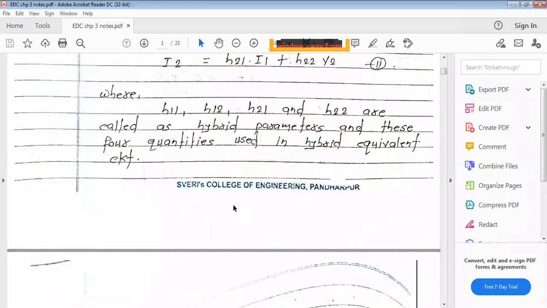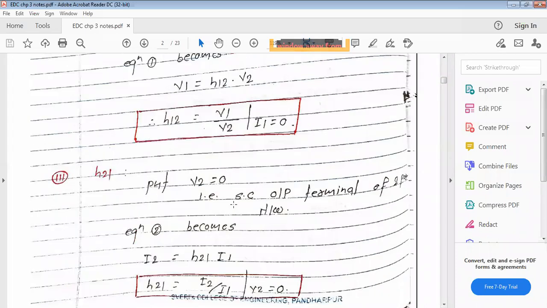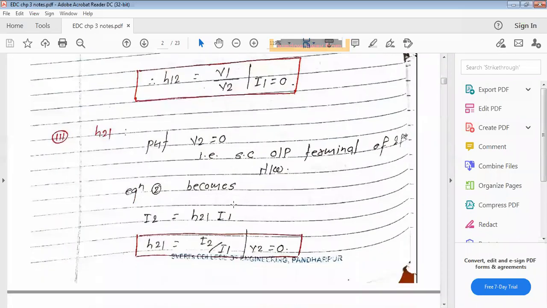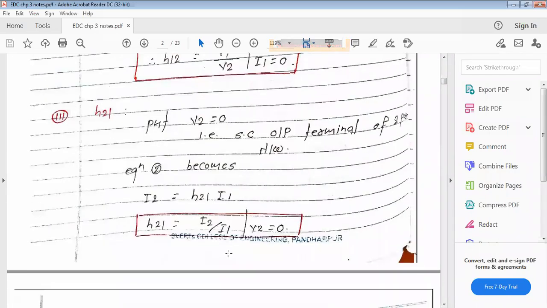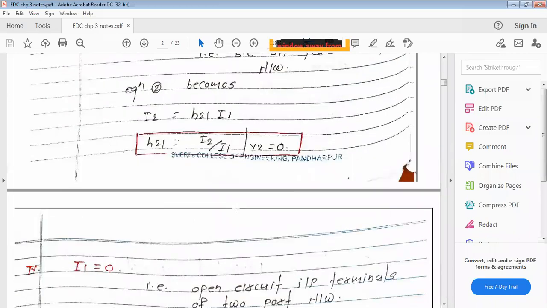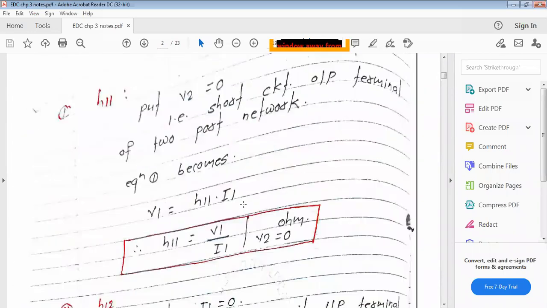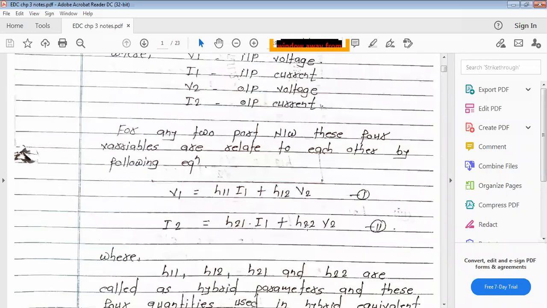Now tell me, is H21 an impedance or a gain? Current gain. Very good. I2 upon I1, so the H21 value gives us the value of current gain.